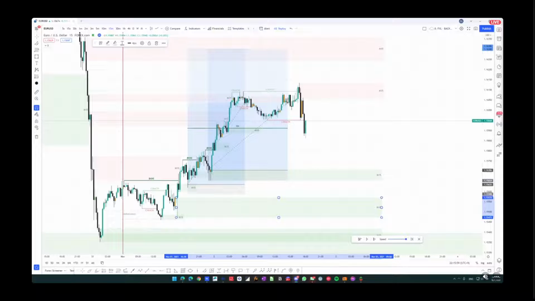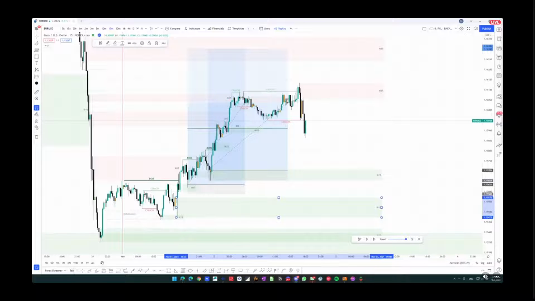But to be honest, both he and I closed early because it tapped into the equilibrium, but we still had the zone above here, the supply zone, and you can see here we have an invalid supply zone, right?